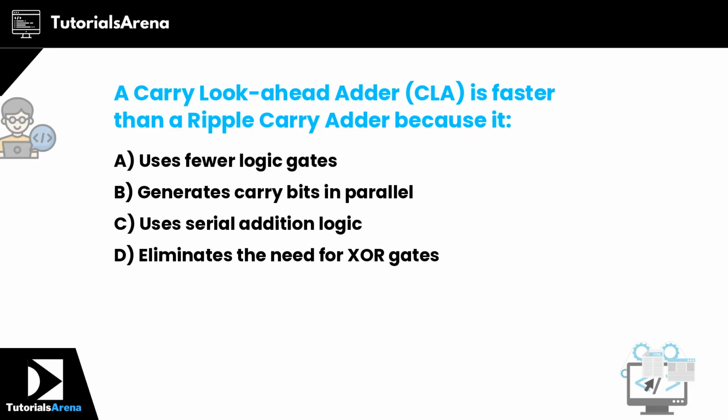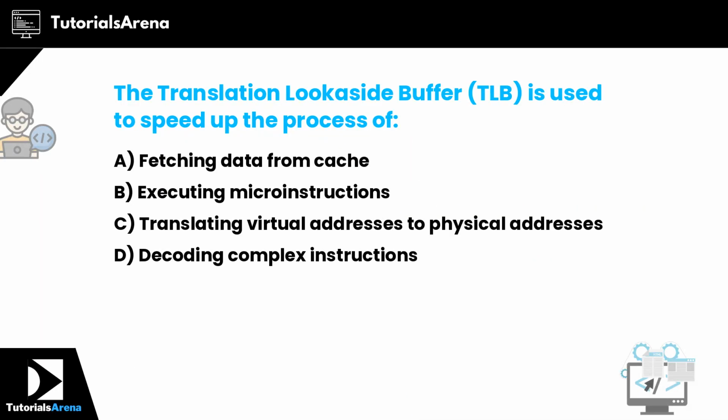A carry look-ahead adder, CLA, is faster than a ripple carry adder because it. The correct answer is option B, generates carry bits in parallel. The translation look-aside buffer, TLB, is used to speed up the process of.